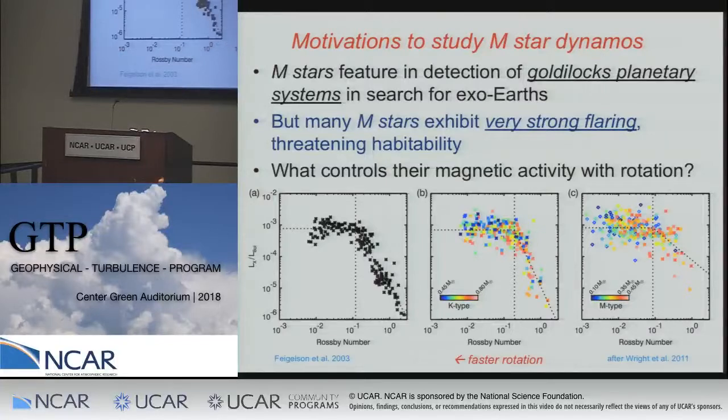So faster rotation moves you here. If you take almost all the stars where we measured it, there seems to be, you climb as you rotate faster and have more and more emission, and then you saturate. If you did this for the K-type stars, or particularly the M stars we're talking about, they're a little bit harder to measure because they're so reasonably faint, but they all seem to share somewhat similar properties.